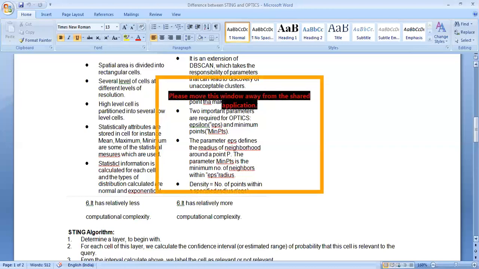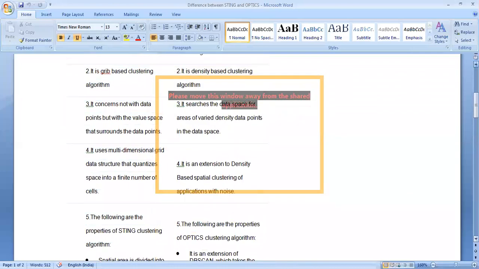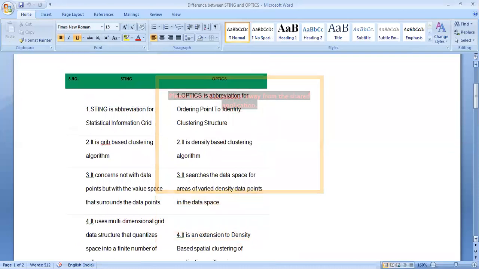So STING is a very simplistic approach, and its complexity is less in comparison to the OPTICS algorithm.